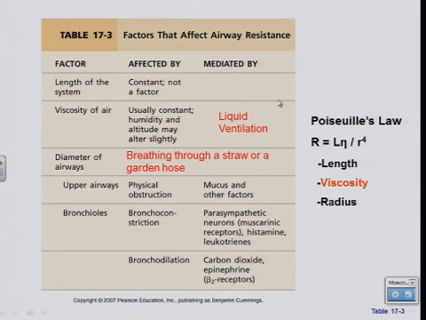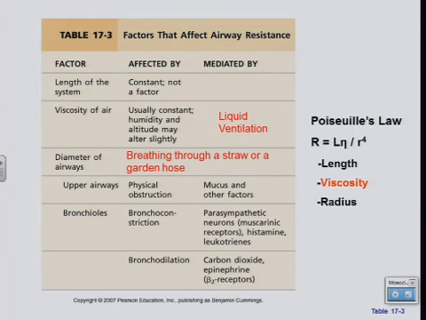And as we previously mentioned about looking at resistance, or Poiseuille's law, we gave some very specific examples of how this Poiseuille's law functions. One was the length of the air system, normally very constant, not a factor. The different things that affect this, of course, for example, how do we increase the length of our airway?